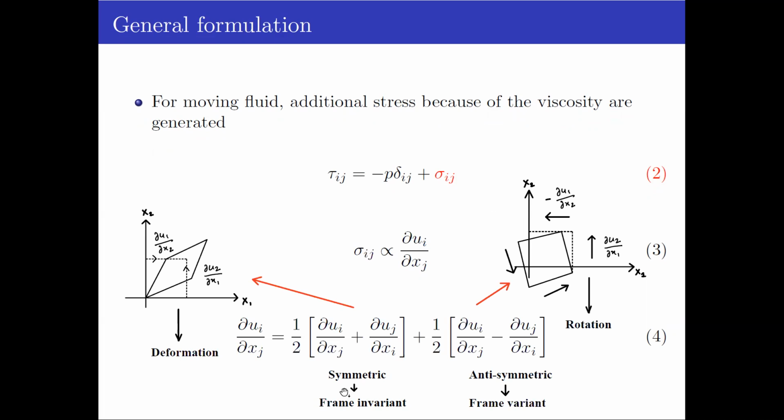The symmetric part is frame invariant and tries to deform the fluid particles, whereas the antisymmetric part is frame variant and tries to rotate the fluid particles. That is why it is the symmetric part, which is frame invariant, that only contributes to sigma ij.